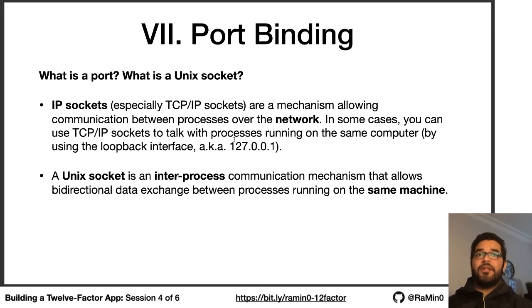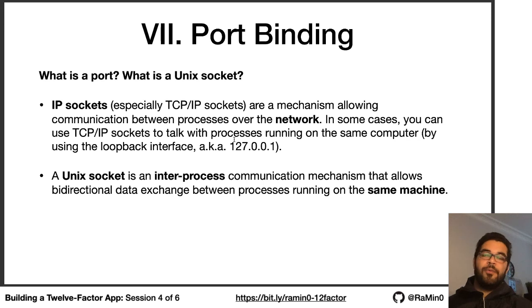An IP socket usually has two attributes: a host and a port, which are what I just discussed a couple of seconds ago. This is the way that other apps can use my service over the network, because it's defined by TCP/IP sockets, which define how the network works.